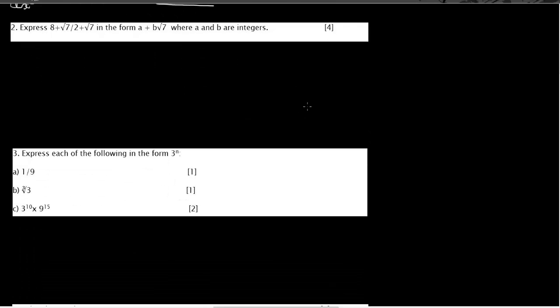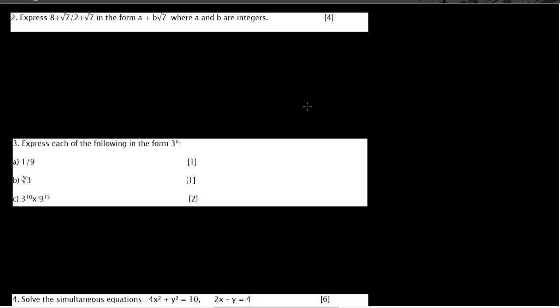Question 2. It's on surds, so it's actually rationalising the denominator. We've got to express 8 plus root 7 over 2 plus root 7 as a plus b root 7.